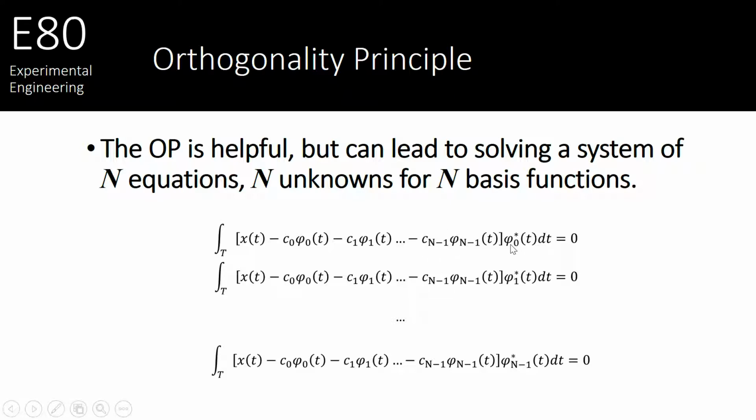Same with the n minus 1th multiplied by the conjugate of the 0th one. This term and this term, well, that's going to produce a constant. So this term will be zeroed out, this term will be zeroed out, all the terms in between will be zeroed out, and this one will be left. And we know that one's going to be a constant by definition of basis functions being orthogonal.